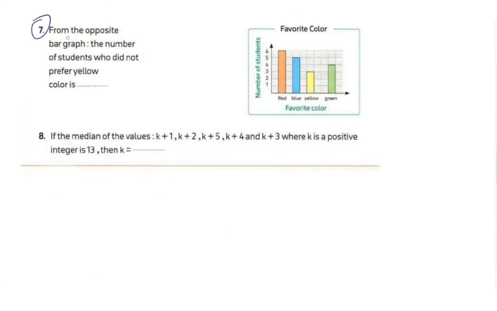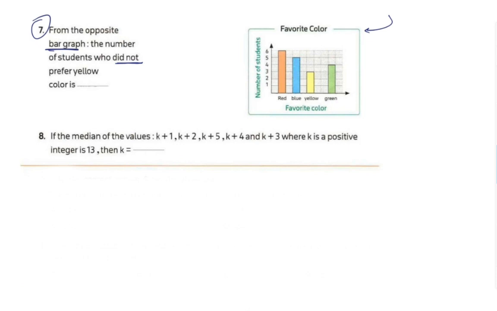7. From the opposite paragraph, the number of students who did not prefer yellow color is blank. Now I have a histogram. Or what? No, it's not a histogram, it's a bar graph.